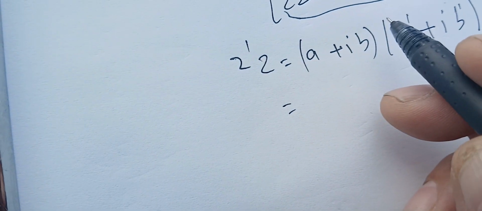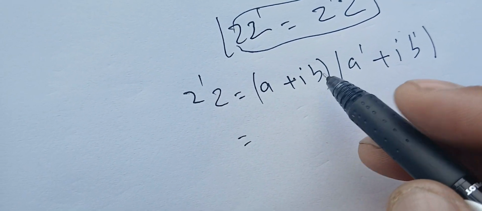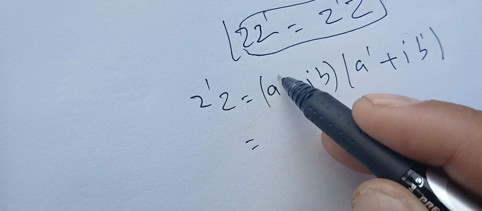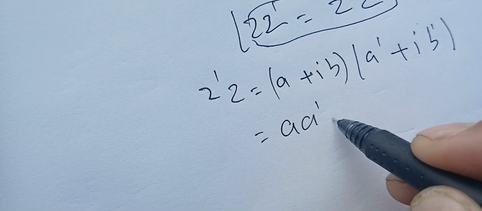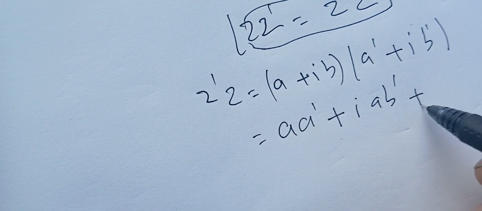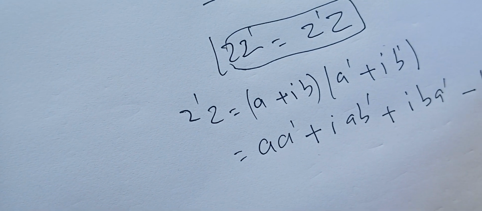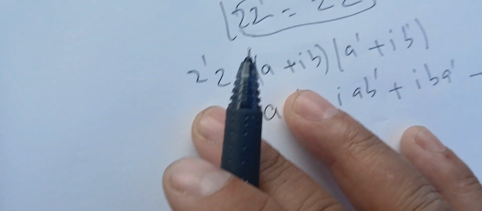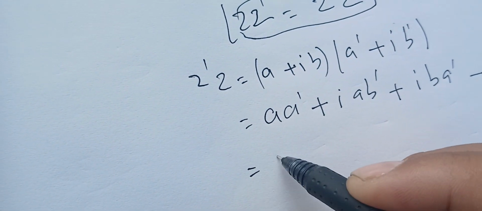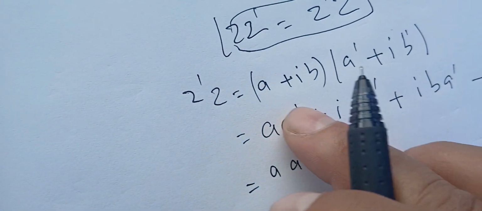Since the operation is distributive in R and in C, we get a prime a minus b prime b, but since we know i is a factor, we put i times a b prime plus b a prime.